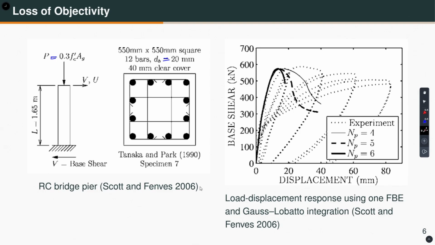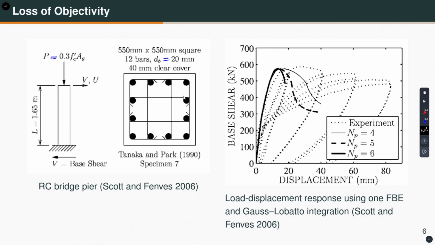So, what they have done, they have tried to simulate this response under monotonic loading, not the cyclic, monotonic loading, okay, and modeled this cross section using fiber section discretization, where the concrete was modeled using Mander model. You can go to the paper and see the different parameters that they have used, okay.